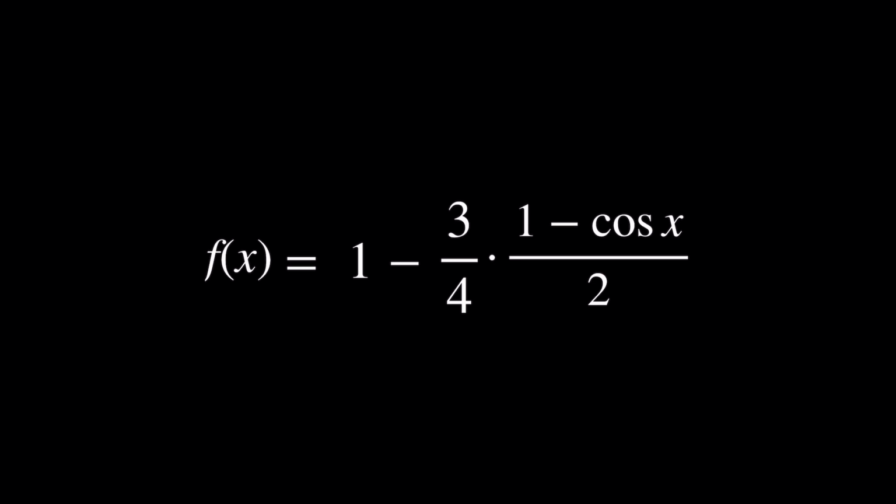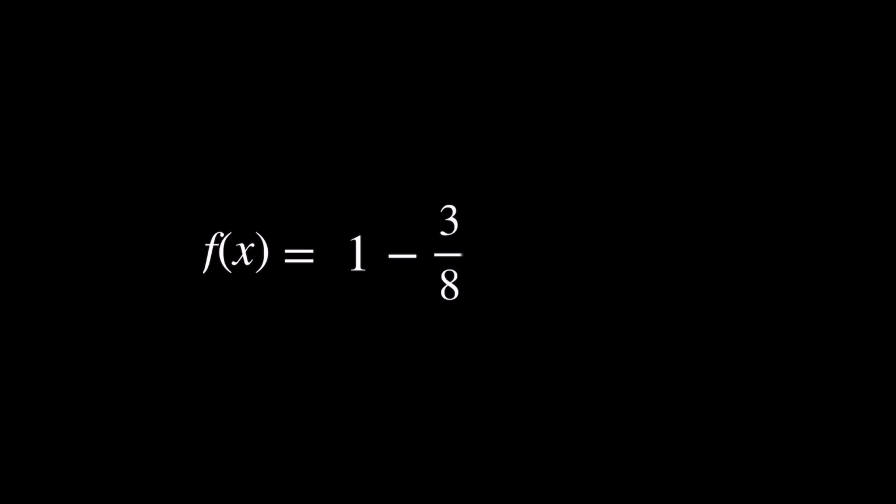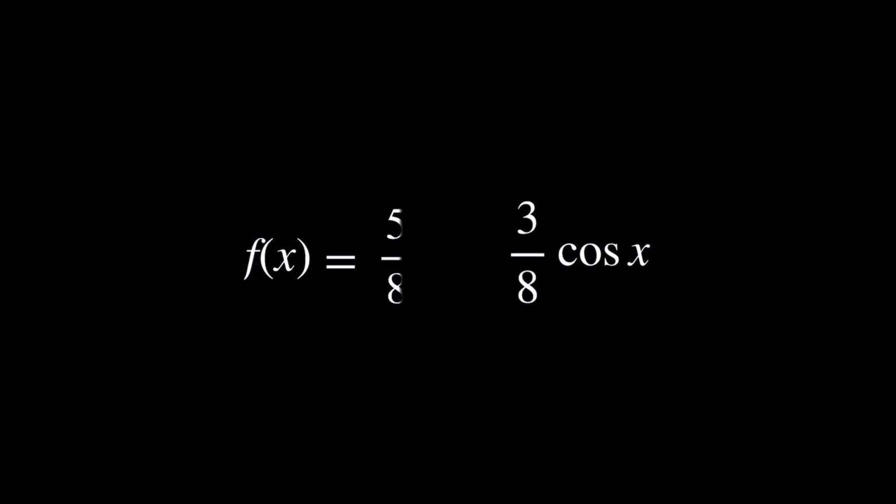And then we simply simplify. So everything here is just simple algebra. Okay, so we're going to get that, and combining 1 and 3/8 we get 5/8. So the answer is 5/8 plus 3/8 of cosine of x. So that's the expression for f of x.